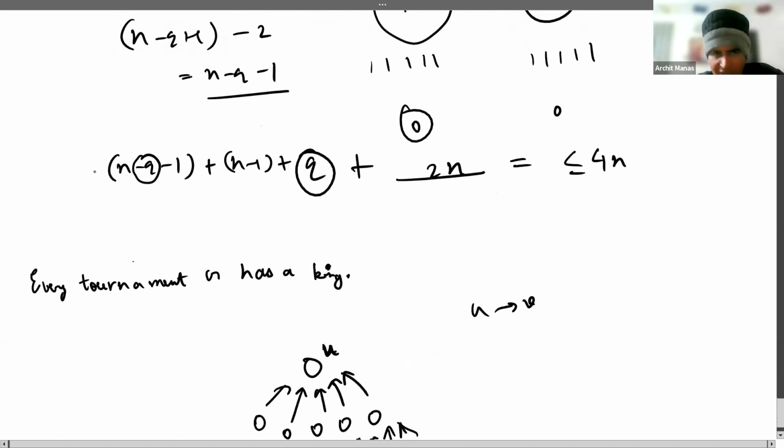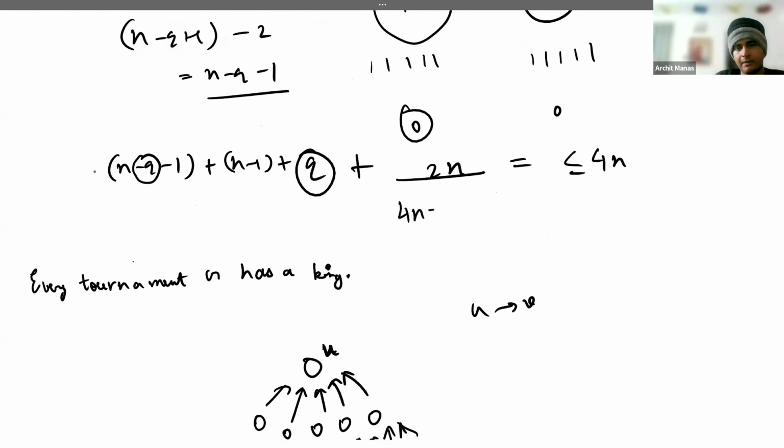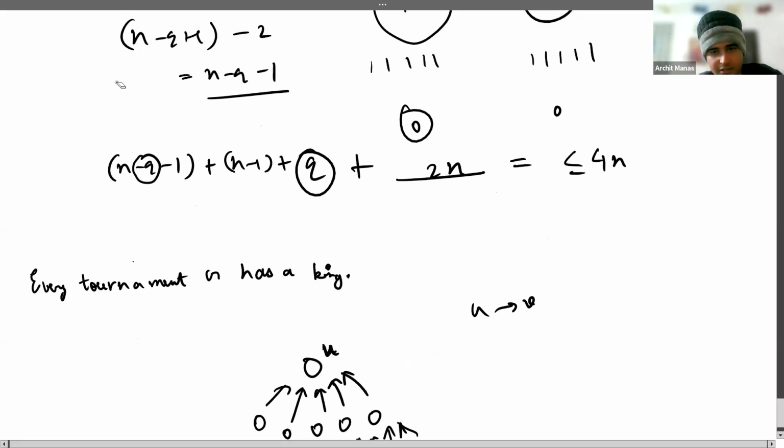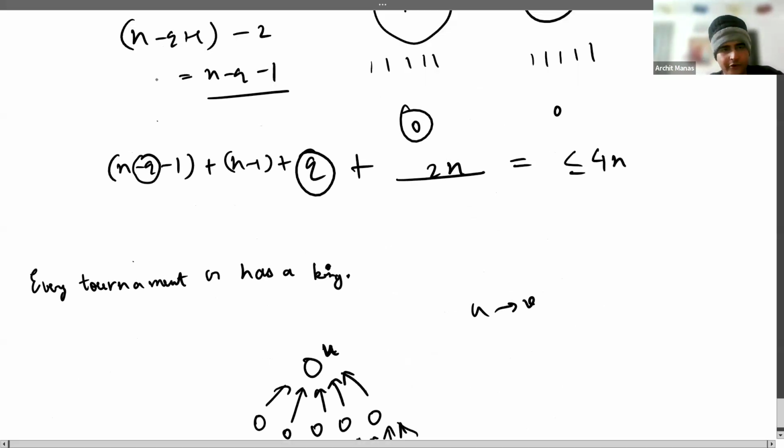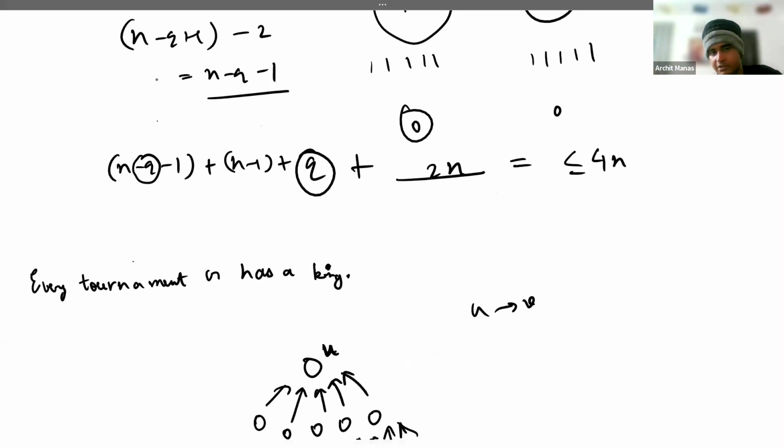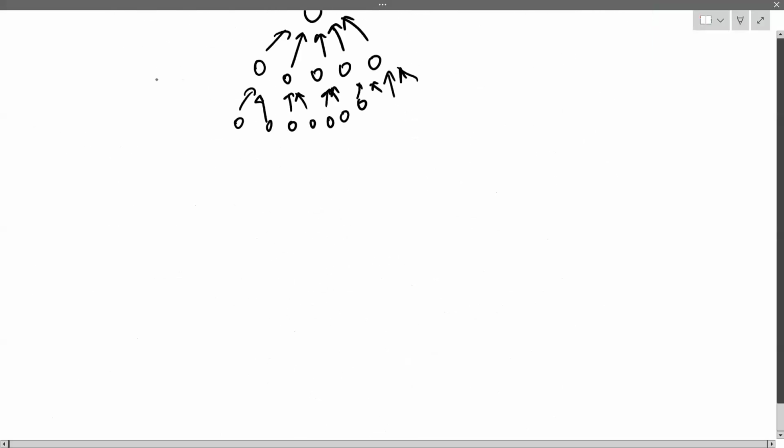I think you can be very, very precise about this, and you can get something like 4n minus 7. That's not the point of the problem. I imagine if in an actual contest you proved something like 4n plus 10, I doubt they would be very harsh on you and deduct a lot of marks for no reason. So don't worry about that. Okay.